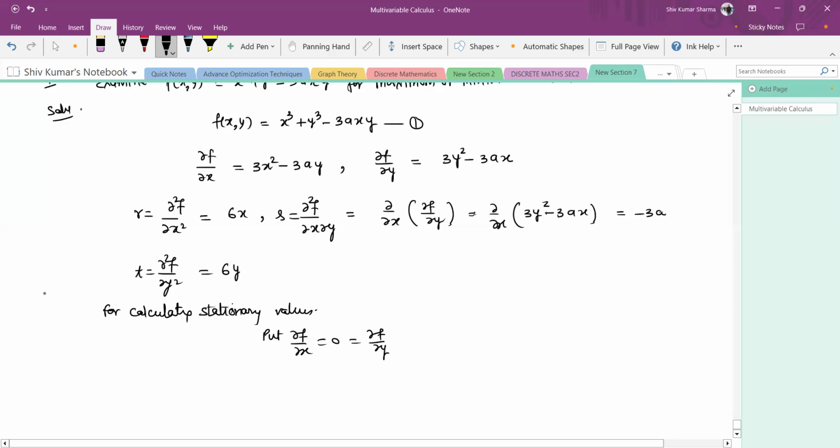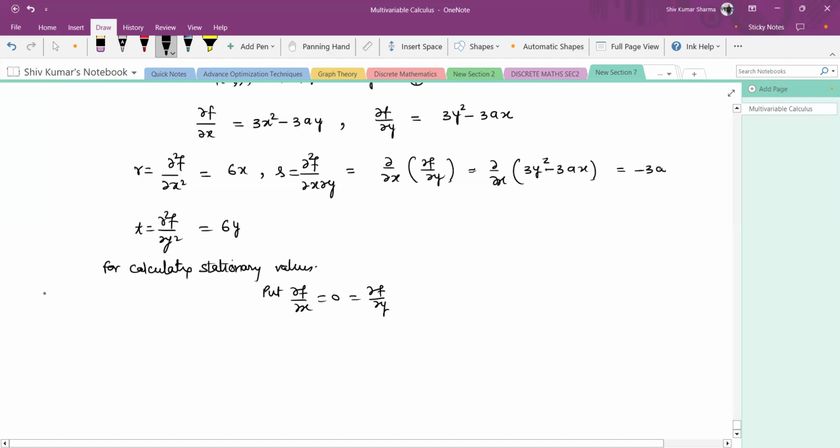So when we put del f upon del x equal to 0, the first equation is 3x square minus 3ay equal to 0. So this gives us x square minus ay equal to 0. So we can write this as x square is equal to ay. And when we calculate the value of y, this can be written as x square upon a.